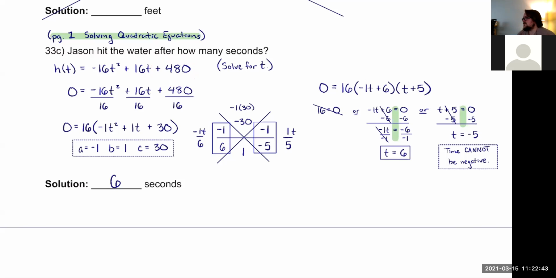That's 48 floors at least. 30 feet, great. That's like a 3-story building. Jason here jumped off of a 48-story building. He's probably not alive anymore. But I didn't say it was a good story, but it allowed us to do some good math. You learn what cement feels like. Water feels like cement.